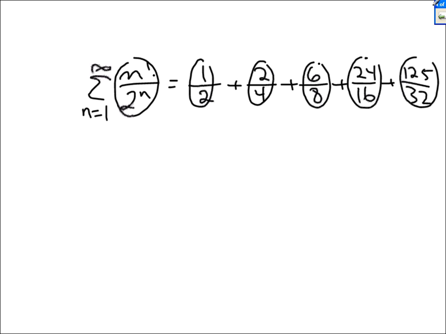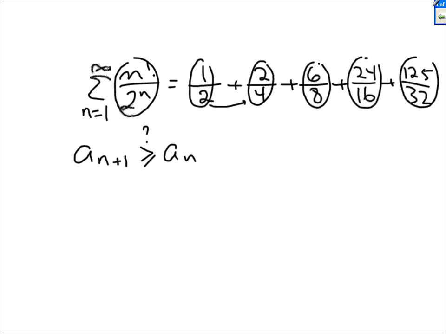If I can show that the terms are getting bigger and bigger, then it can converge. But they're not always getting bigger. I mean, they didn't get bigger here. They stayed the same. So the question is, is a sub n plus 1 bigger than or equal to a sub n?